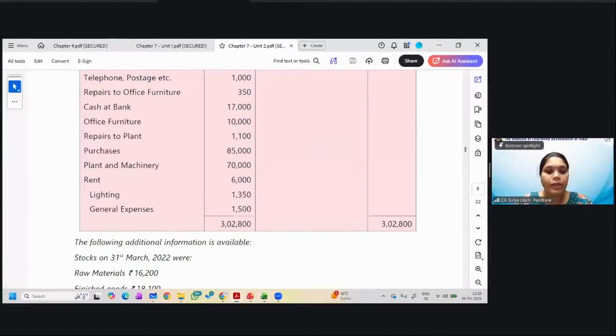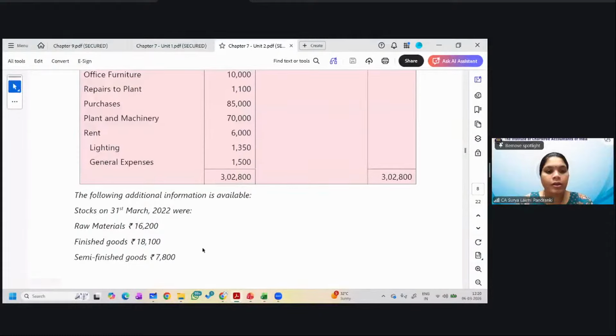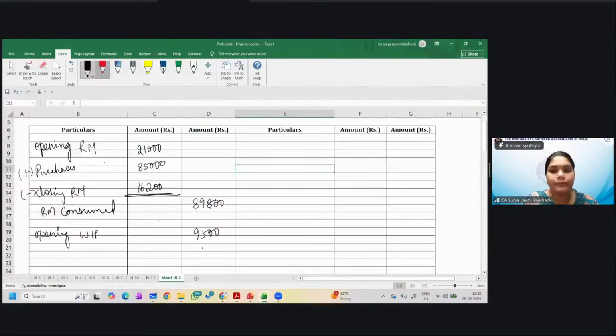You have to go to the additional information. 7,800. Okay. So we have included opening WIP and closing WIP. We have also included opening raw material, closing raw material, and the purchases we have made during the year, right?